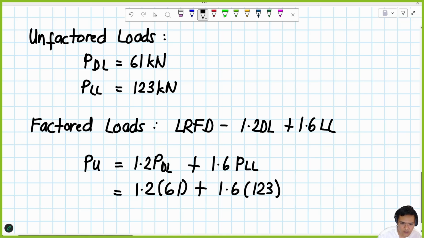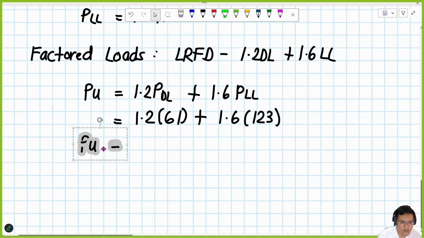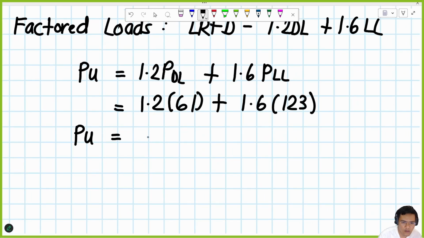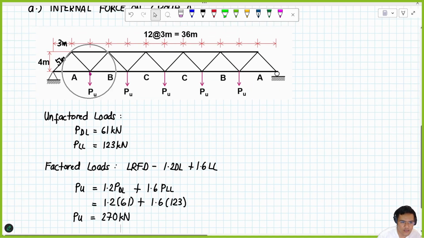And we have the value of our P sub U, which is equal to ilan? 270 kilonewton. Pwede pa ulit? 270 kilonewton. Yan yung load P sub U acting at this joint.